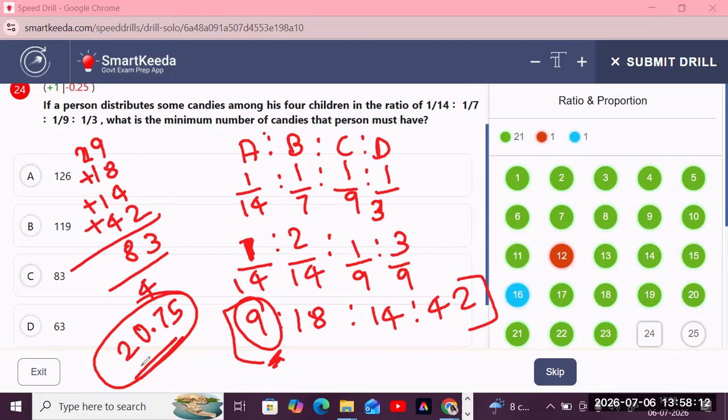This is the average number, but it's asked minimum. So I think 9 parts is the only minimum one could possibly have.